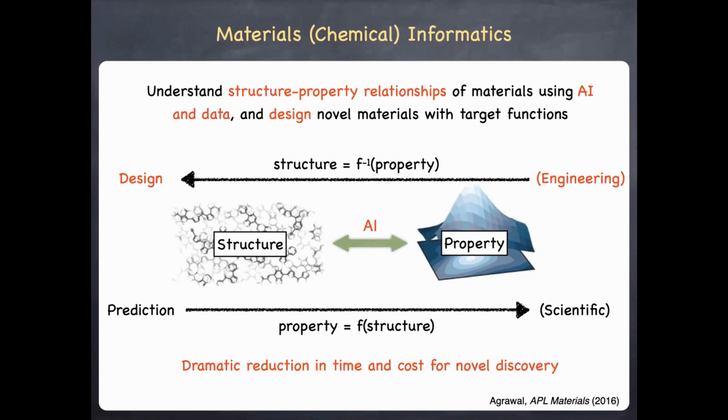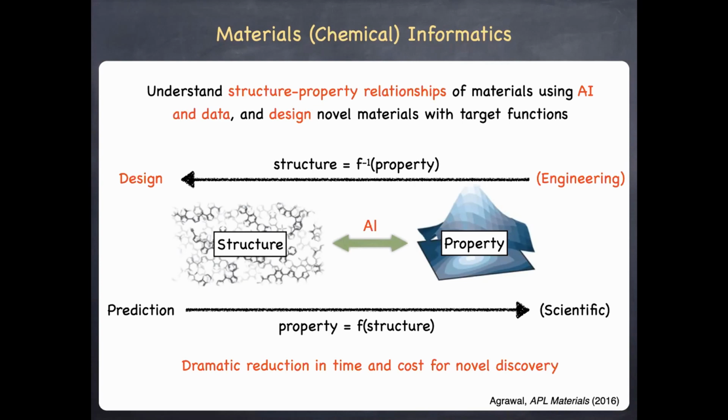And so basically, you have a mapping between the structure and property. Going from structure to property is something like going from cause and effect. Here, the structure would be the cause and the property would be the effect.